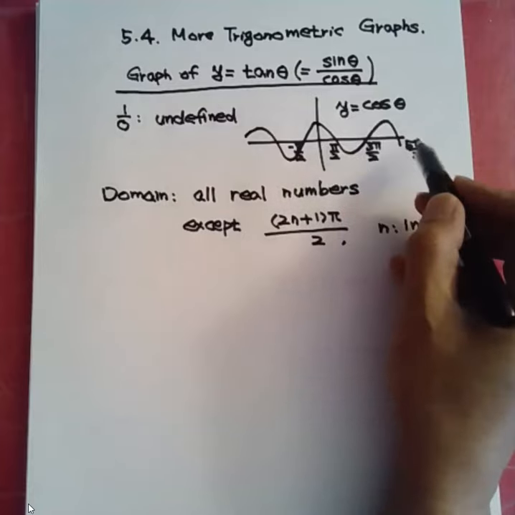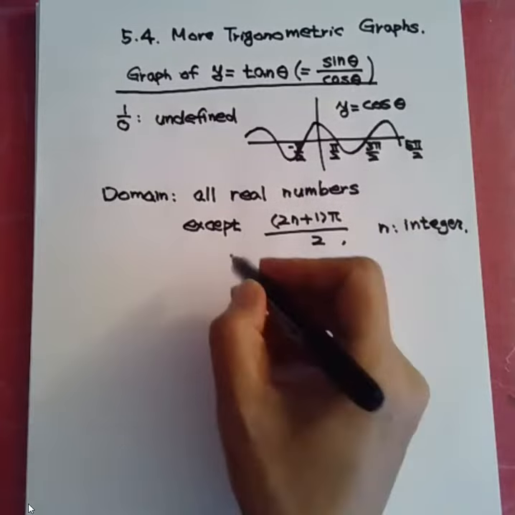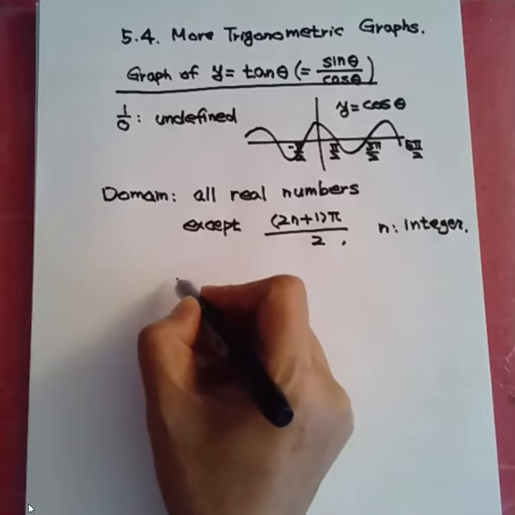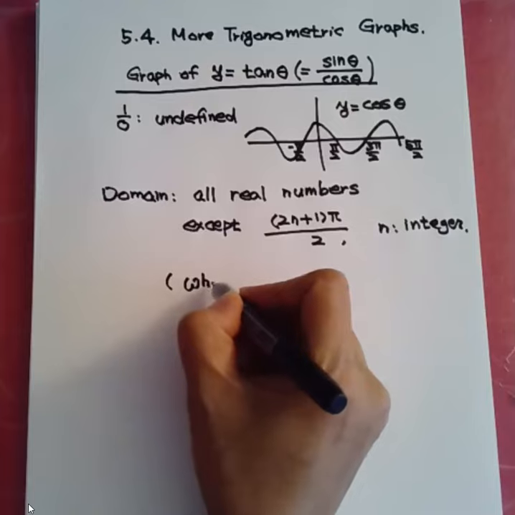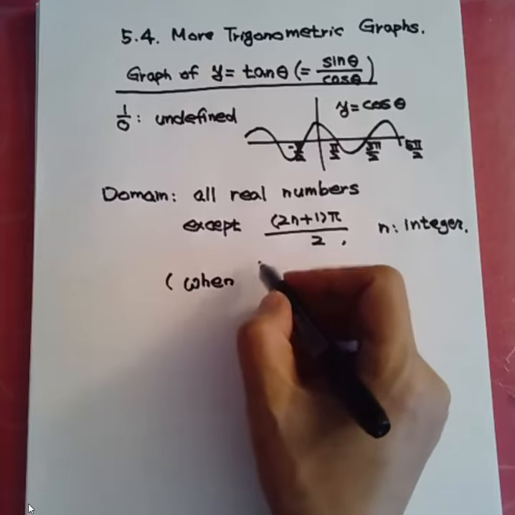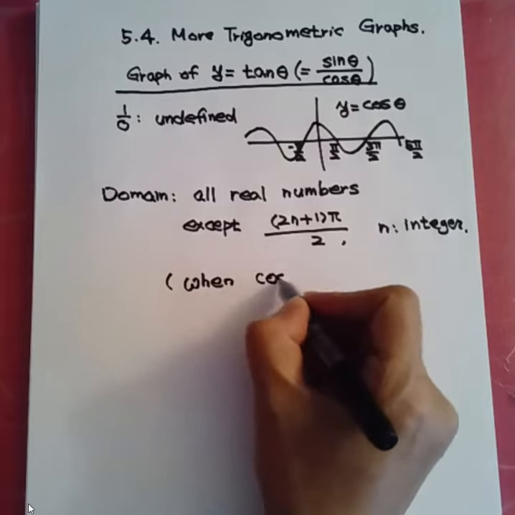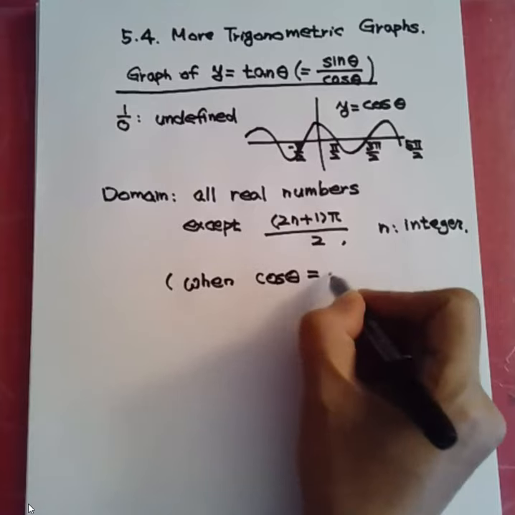So 1, 3, 5, those are odd multiple of pi. More explicitly, when cosine of theta equals 0.